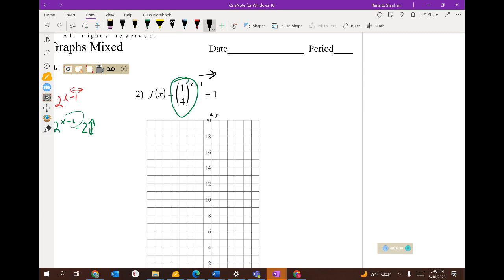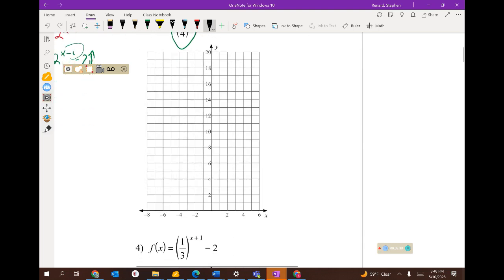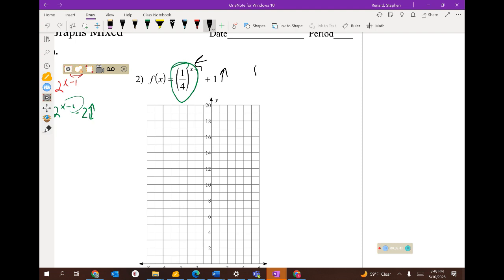And then I know that this 1 right here is going to move it 1 to the left. And that one's going to move it 1 up. So we're going to have this general shape that looks like this, because that's the 1/2 to the x or 1/4 to the x. They're both going to have the same general shape.